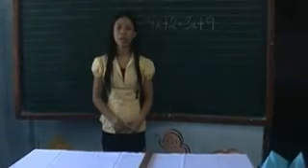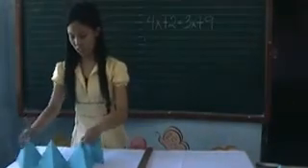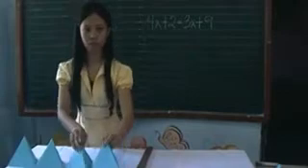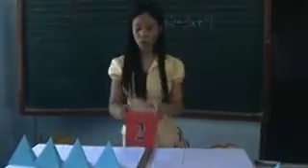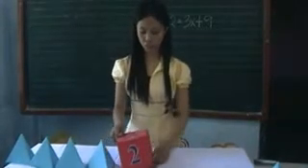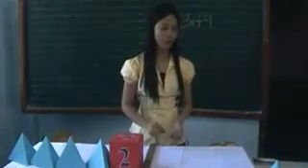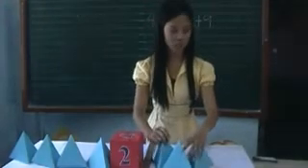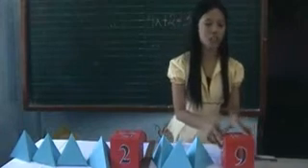Again, by representation, on the left side of the equation, four blue pyramids for 4x, and a red cube numbered 2 for constant 2. On the right side of the equation, 3 blue pyramids represent 3x, and 1 red cube numbered 9 for the constant 9.